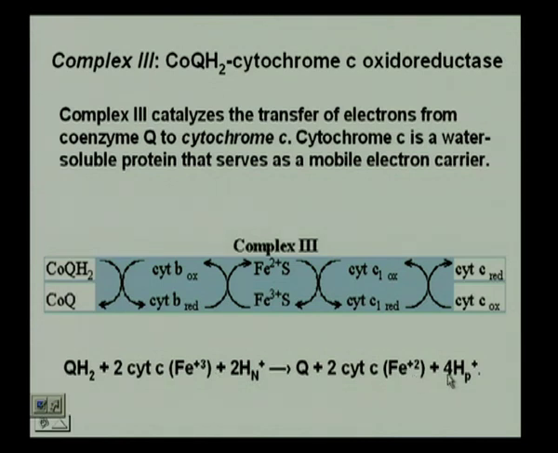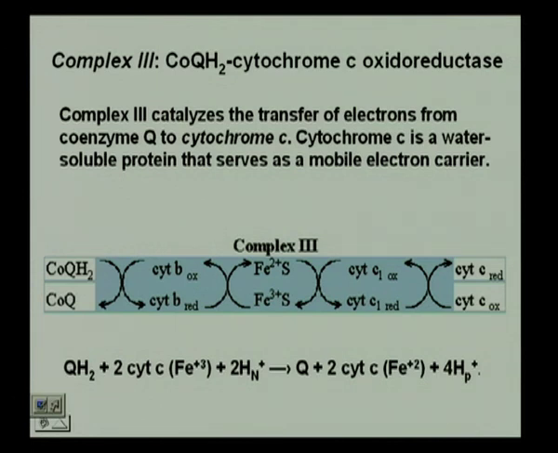And we have 4 H plus in the intermembrane space. So, what have I done? In this complex 3, I have reduced cytochrome C, I have oxidized Q, and I have transferred in effect 2 protons to the intermembrane space. This is the overall reaction of complex 3.